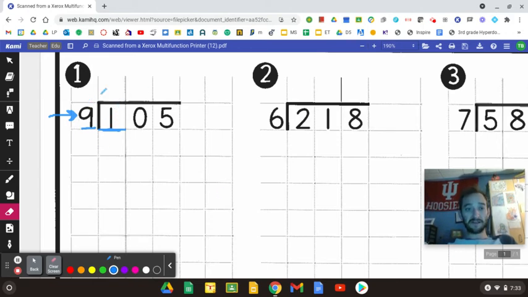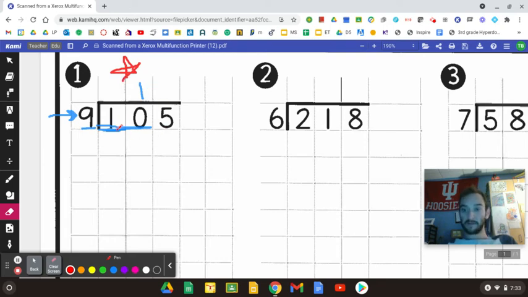When your divisor does not go into the first digit of your dividend, then you move over and look at the rest. So now we see how many times 9 goes into 10. 9 only goes into 10 one time. Now this is important, and another mistake I've seen made a few different places.